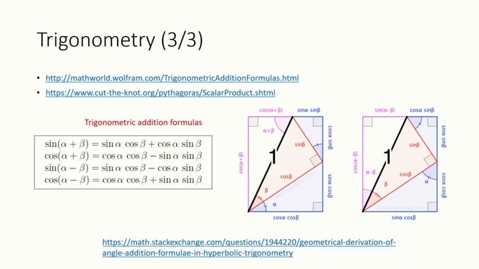If you have two angles, r and s, and you take one minus the other, then the relationship is that cosine of r minus s equals cosine r times cosine s plus sine r times sine s.